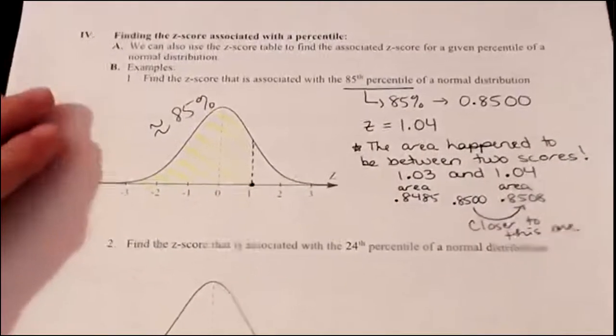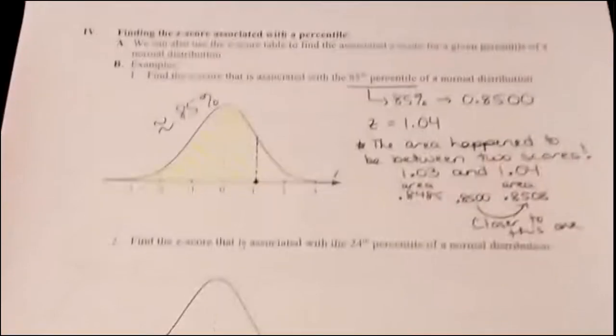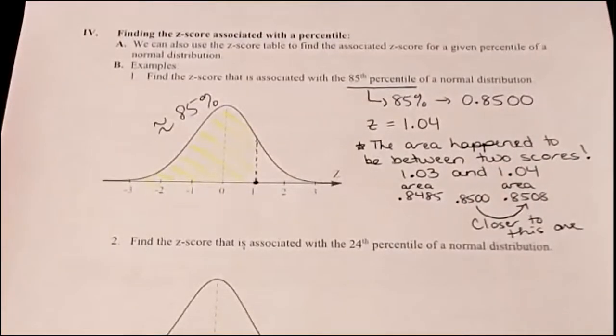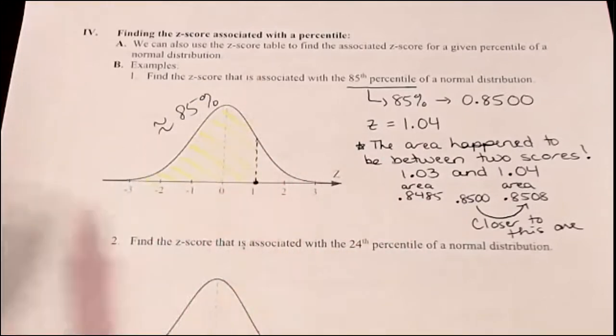Okay, so we were trying to find the z-score associated with a percentile. Sorry, my dog is walking under the tripod of the camera, so I apologize for all the shakes. For the first one, we were finding the z-score associated with the 85th percentile. We learned that 85th percentile means 85% of the population, so essentially it was to the right of our mean, with the area under the curve being 85%.